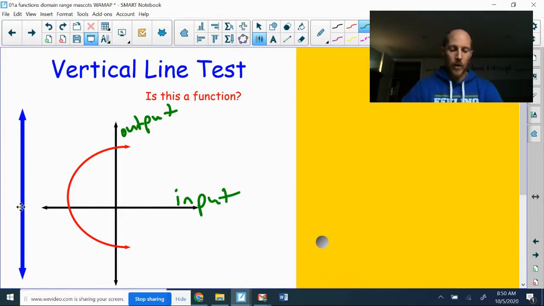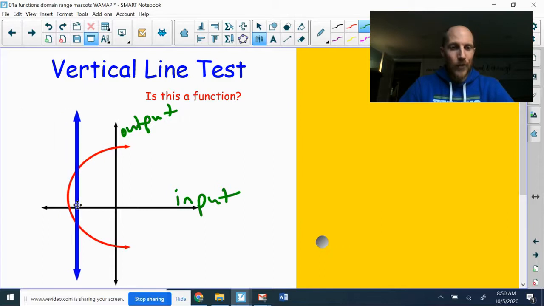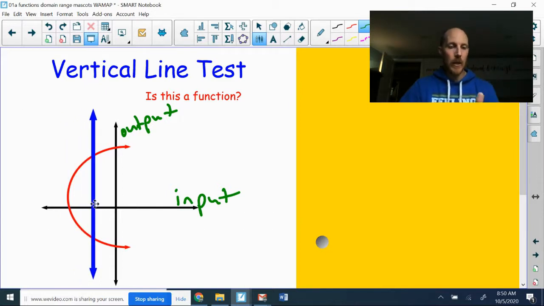Just use my finger or a pen or a ruler or the edge of a sheet of paper and move it across the graph. What I'm looking for is, does that straight vertical line ever touch the graph in more than one place at the same time?